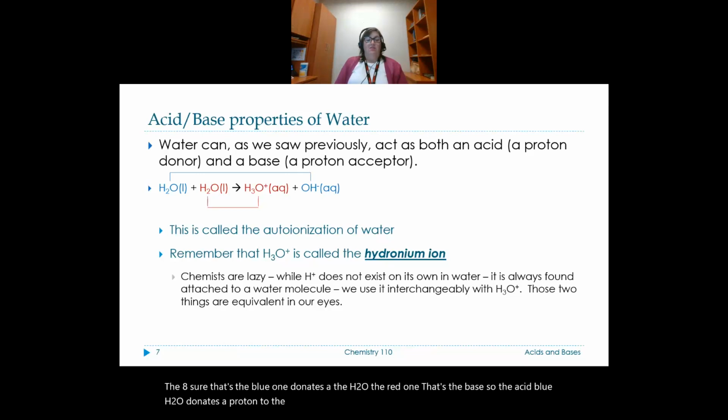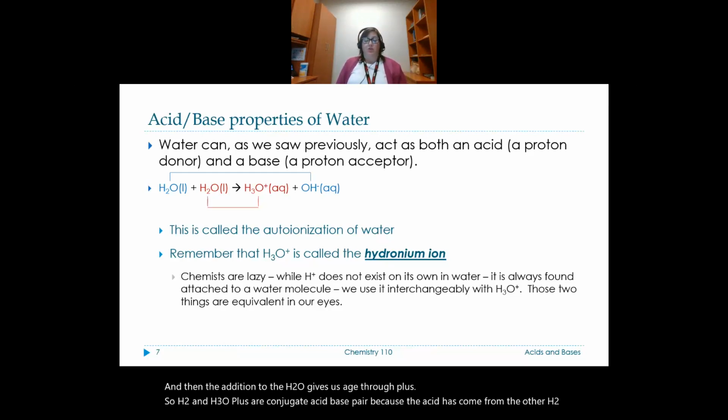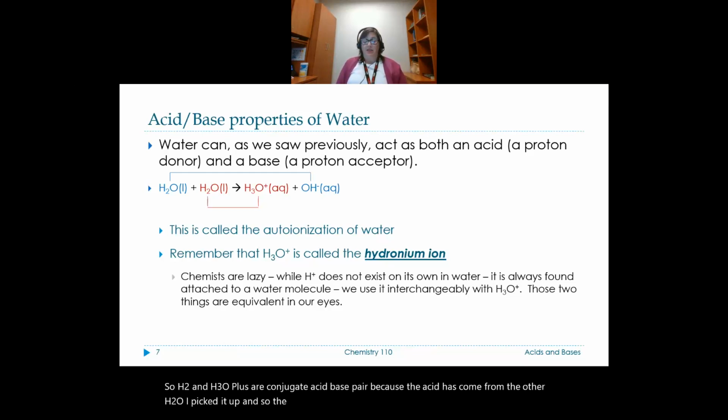We then get the leftovers of the acid, so the OH minus, and then the addition to the H2O gives us H3O plus. So H2O and H3O plus are a conjugate acid-base pair because the proton has come from the other H2O. I picked it up, and so the H2O red is acting as a base. It then has a conjugate acid on the other side where it's picked up that proton.